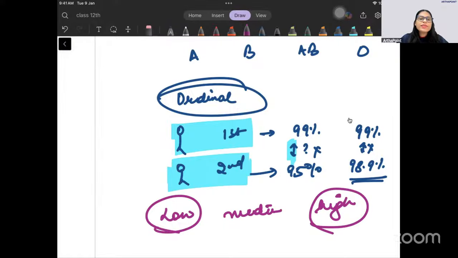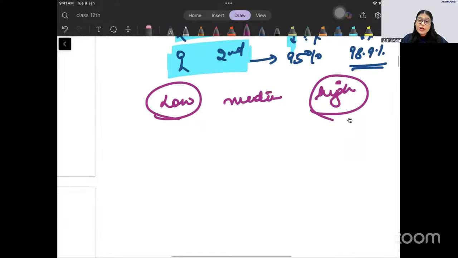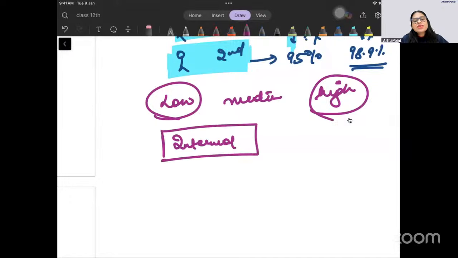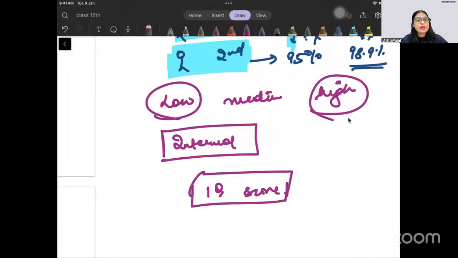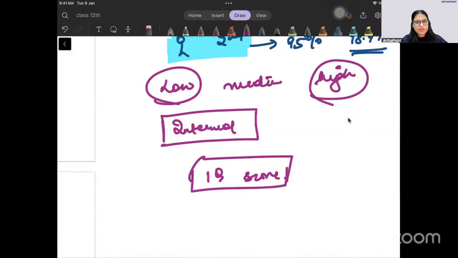Then the third one that we have is called the interval scale. Now in the interval scale, what happens is that I can actually go ahead and tell you the difference as well. For example, when I say IQ score, now I can tell you the difference between the different scores of students.